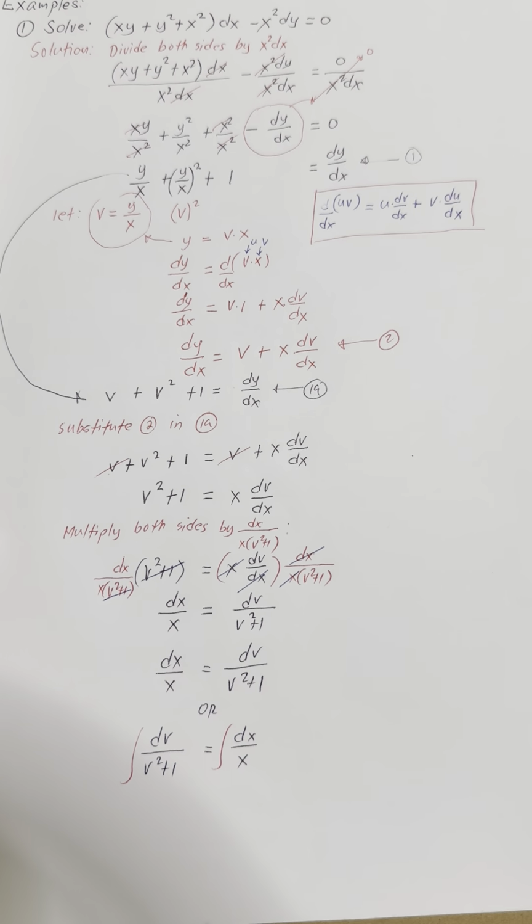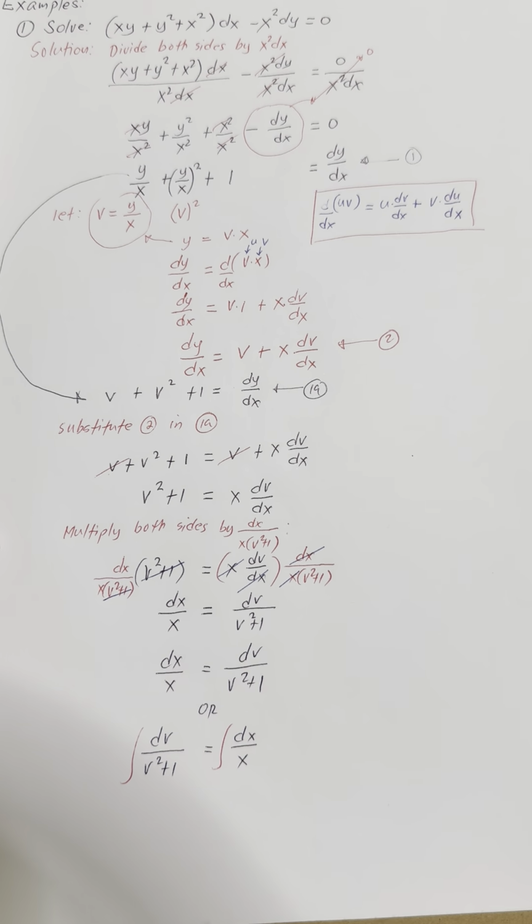So integrating both sides, we can use the formula of integral calculus that if you have the form du over u squared plus 1, that is equivalent to arctangent of u.